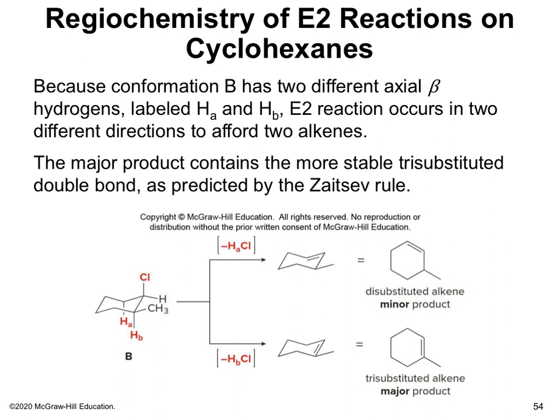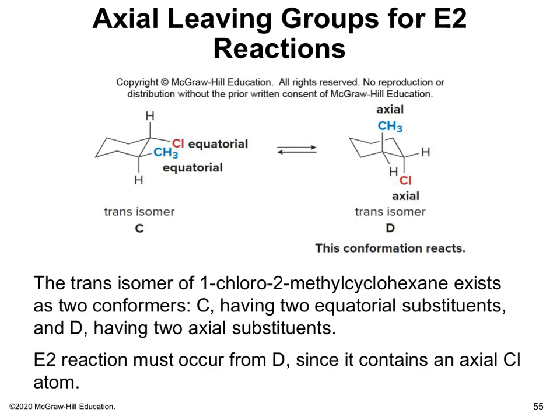And that's what this is showing you here. You get the major product because the methyl is in the equatorial position. So you're going to choose the HB proton and get the more substituted.